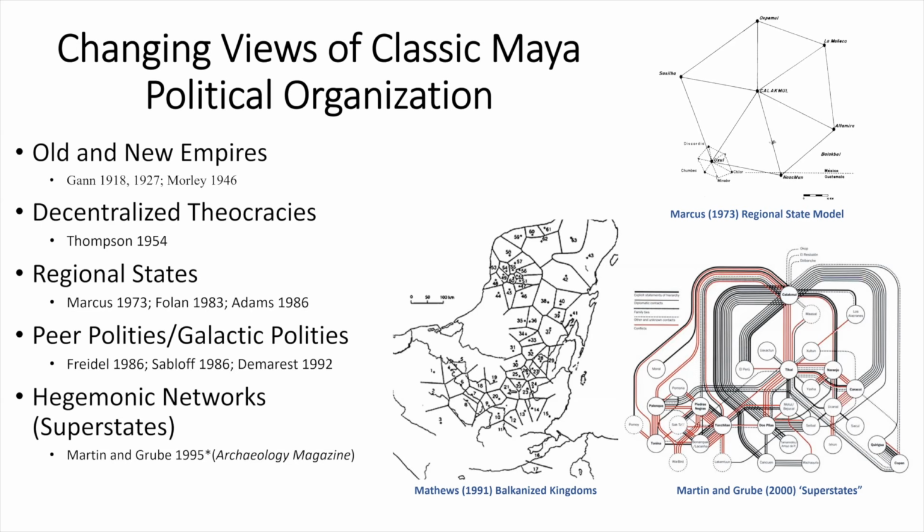Joyce Marcus was looking at this from an epigraphic perspective, and William Folan from an archaeological perspective, first at Coba, a very large city with a radial causeway system connecting it to hinterland communities, and then later at Calakmul, which is difficult to quantify now, but most likely the largest classic Maya city, and also the polity where we have the most direct evidence of expansive exertion of power over a large area.